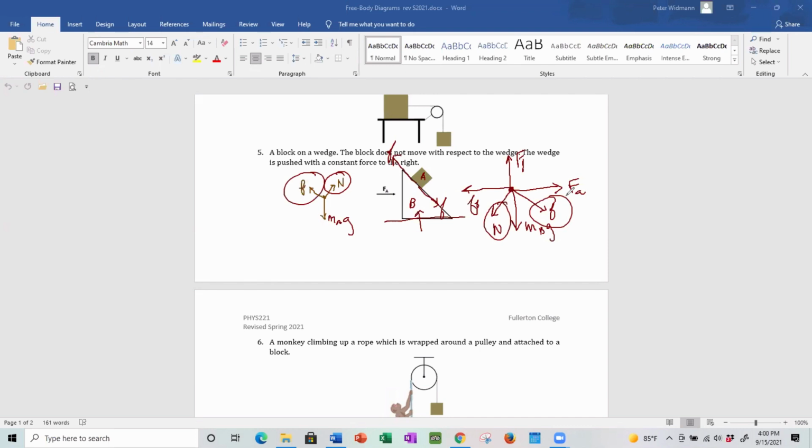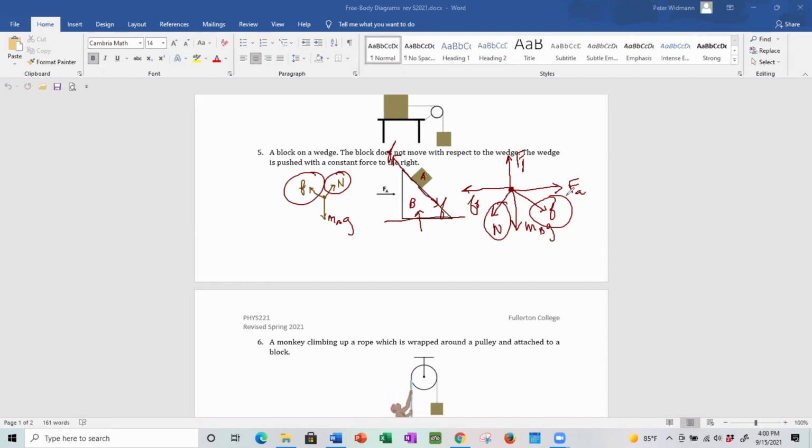Professor, is there a normal force from the applied force to the left? On B? No, just the applied force on B. Now, the fact that you have that applied force affects all the other forces.